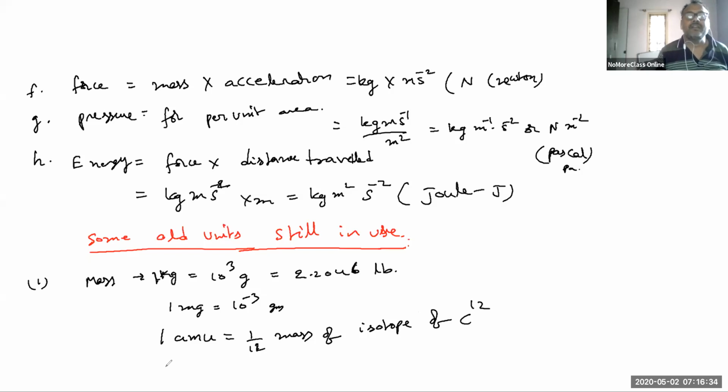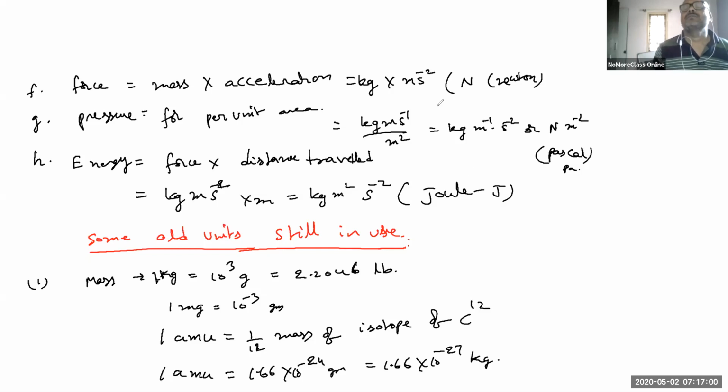That is, 1 u is equal to 1.66 into 10 power minus 24 grams. That is the reciprocal of Avogadro number. 1.66 into 10 power minus 27 kg. Yeah, so note it down, all of you. So can I clear the space?